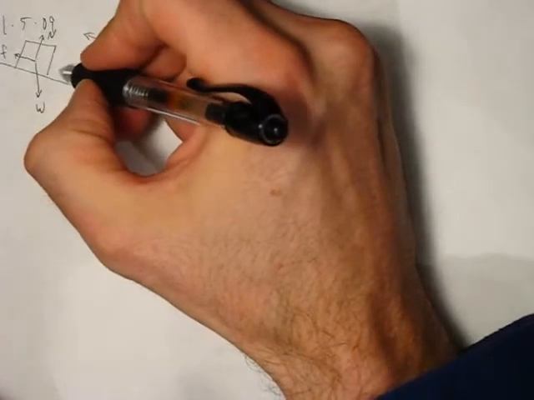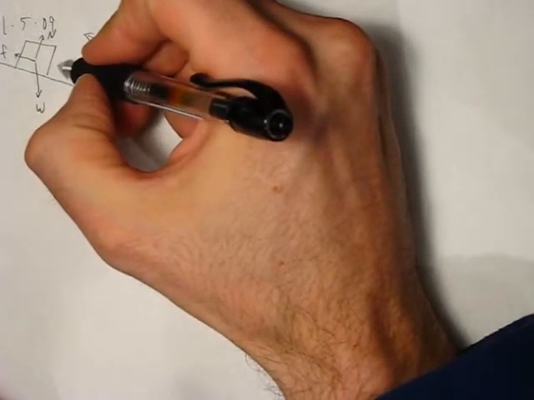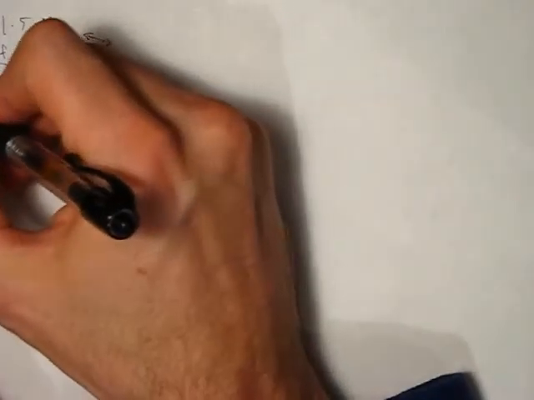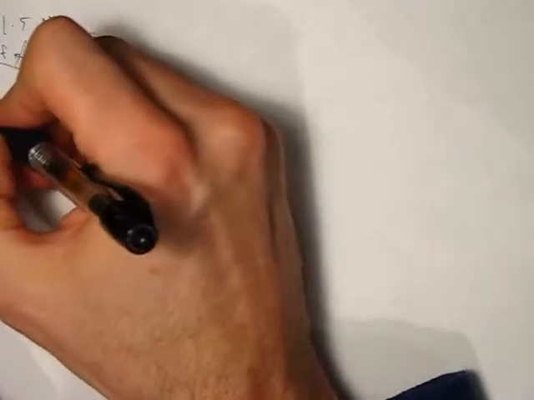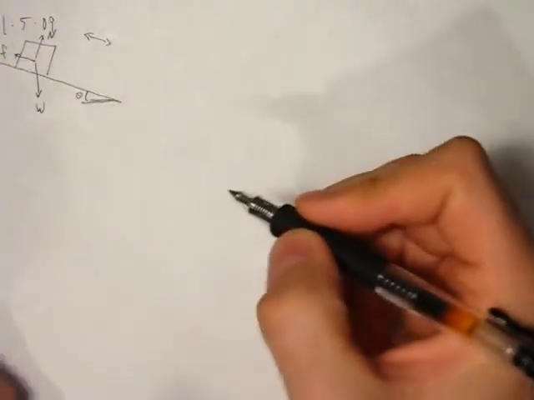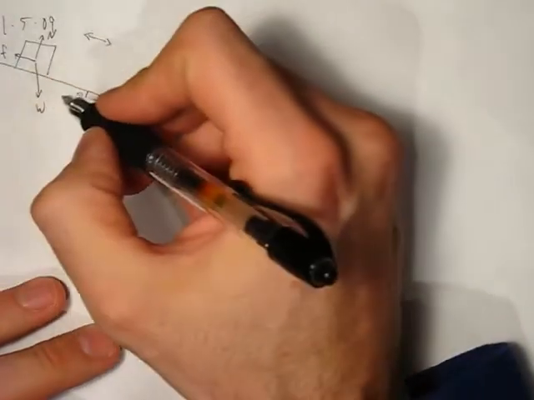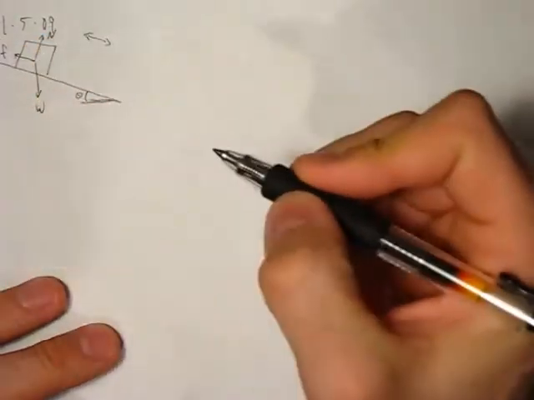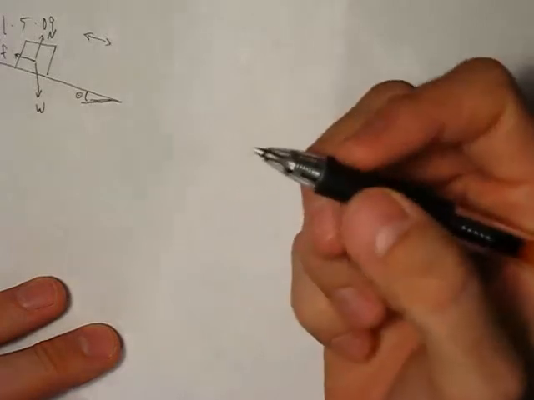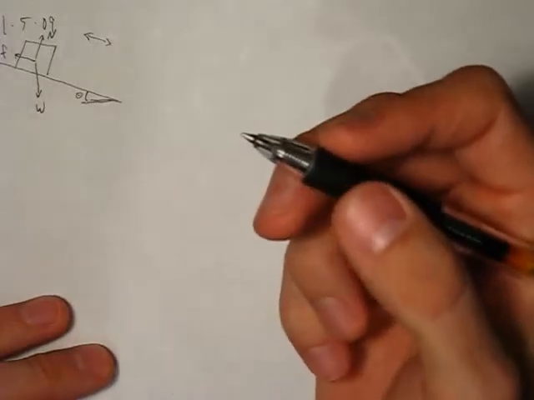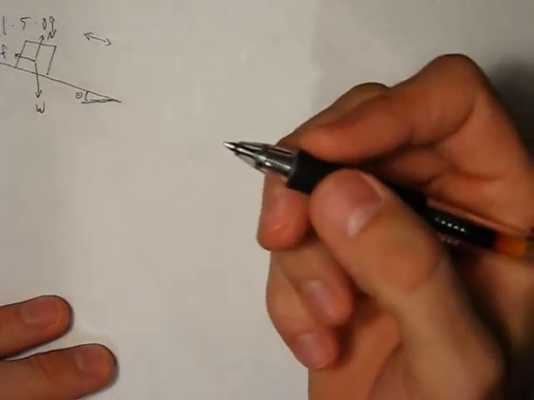So in order to determine what the force is pulling it down the slope, we need to reorient our coordinate system. Typically we've dealt with a coordinate system in this direction. This is the x and this is the y. But since all of the motion is going to occur in this general direction, we can reorient our coordinate system so that it makes our life easier when it comes to the solution.